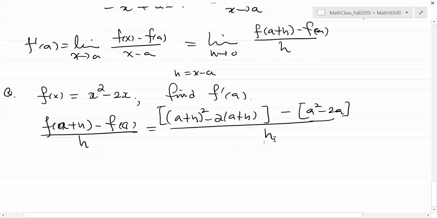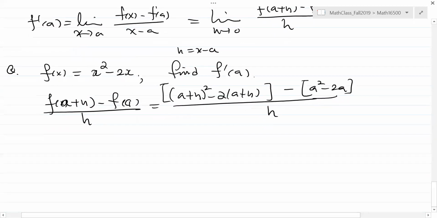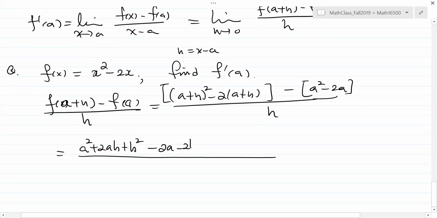So let's simplify the numerator. We can get rid of h for now. So a plus h squared will be a squared plus 2ah plus h squared minus 2a minus 2h, minus a squared plus 2a, divided by h. The a squared cancels out, the 2a cancels out.